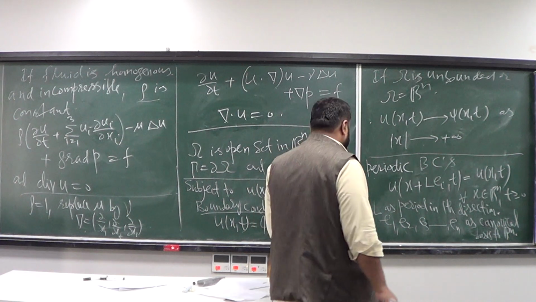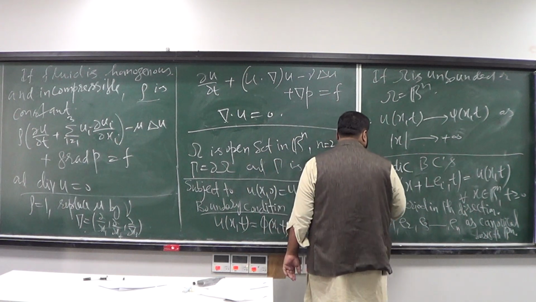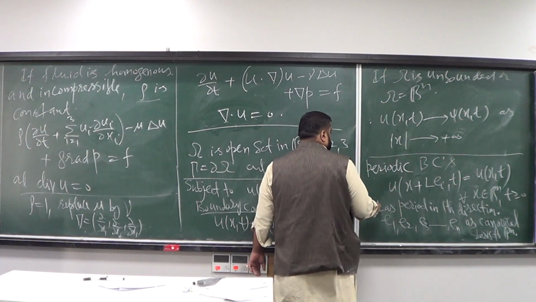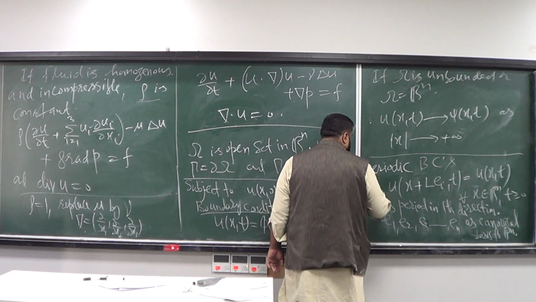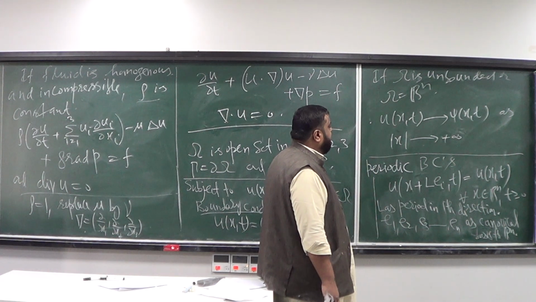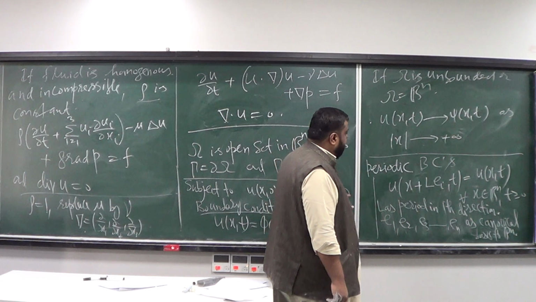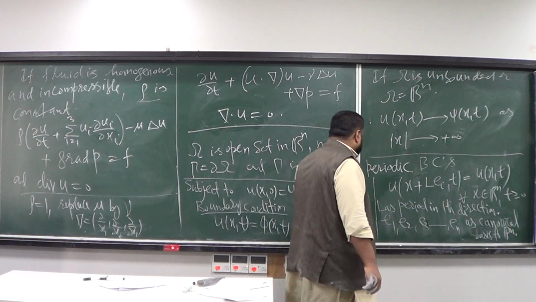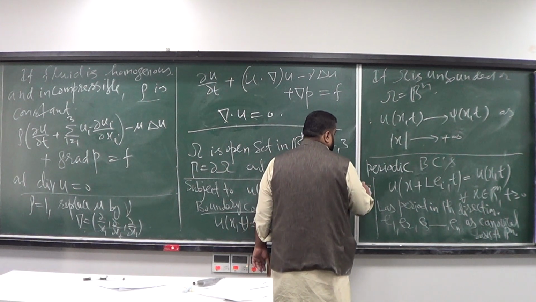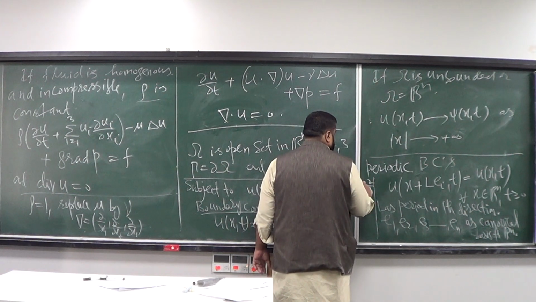So this periodicity is also, you can say, that if your U satisfies such a periodic condition, then your U basically lives on a torus. So you are living on a torus.